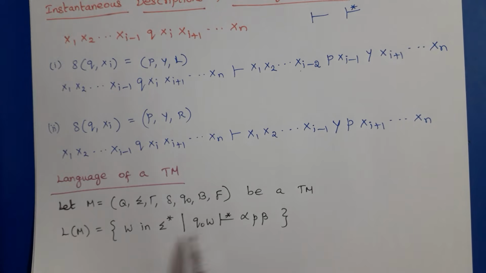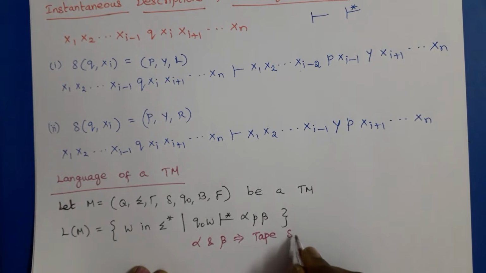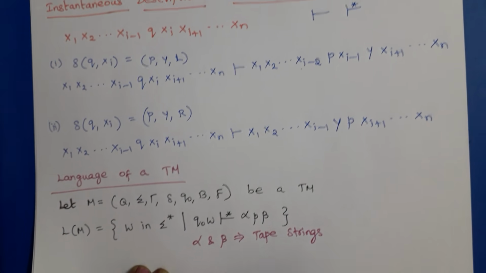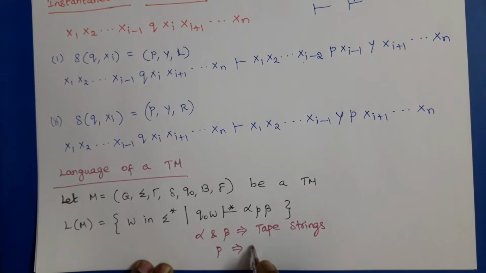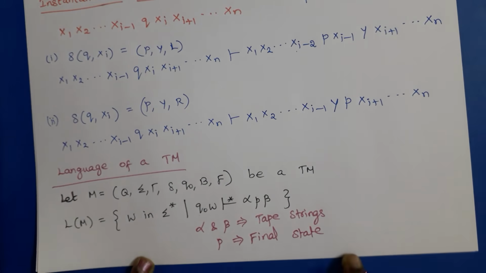So q naught and w means that if we start checking the instantaneous description q naught w, in some number of moves, if we get this configuration alpha p beta, where alpha and beta are tape strings, any tape symbols, and p is a final state. So we have to start finding the moves, the instantaneous descriptions, for q naught, the start state, and this w.